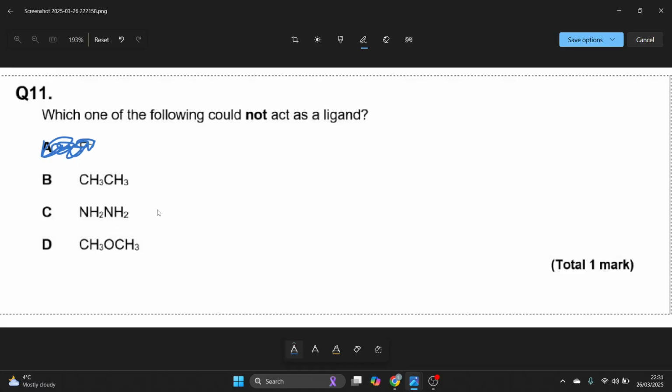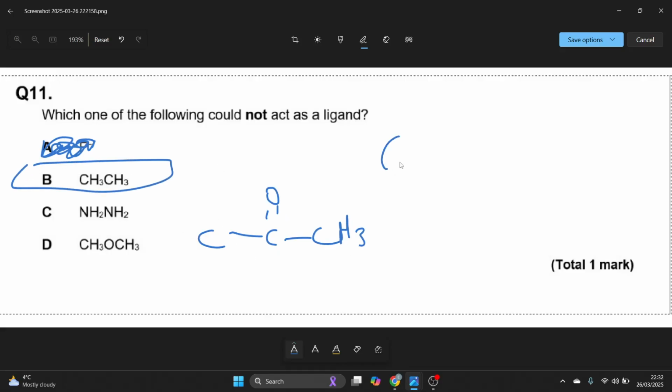NH2, NH2, well, that will have a lone pair of electrons. CH3O, CH3. Again, remember the mechanism, it will have a lone pair of electrons. It's going to be B, CH3.